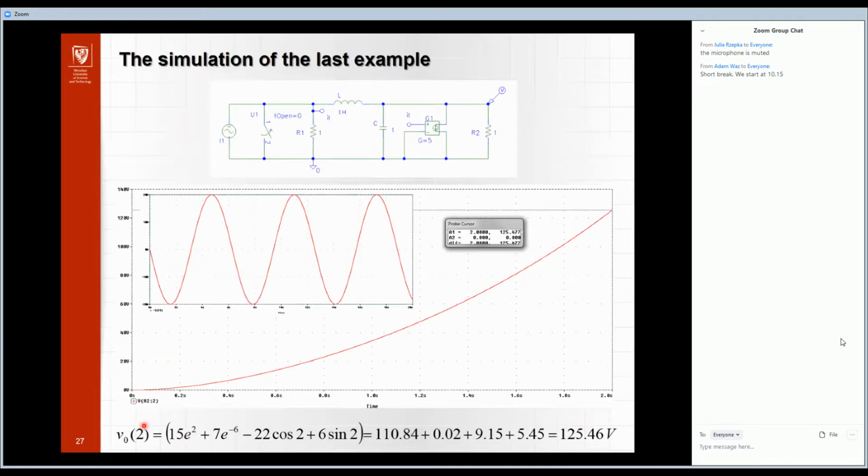I calculate this voltage at the moment 2 seconds after the switch was opened, and I obtained the result 125 volts, and you see that in the simulation I obtained the same value. So it is true, and sometimes we can make circuits where the voltage is unpredictable.